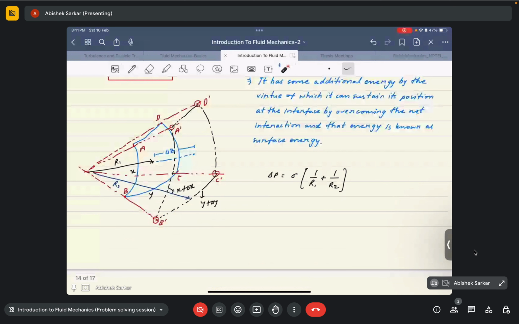I guess this diagram was discussed by Professor Chakraborty, and he derived the excess pressure that exists within the bubble or the droplet to maintain its integrity. It was given by delta P is equal to sigma times (1 by R1 plus 1 by R2).